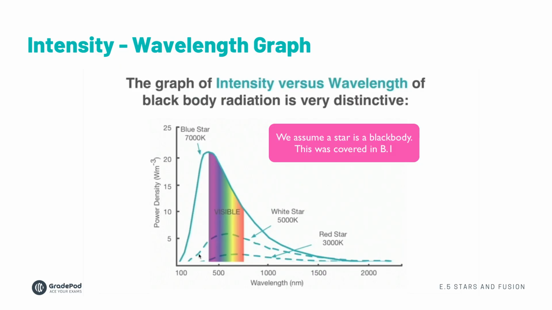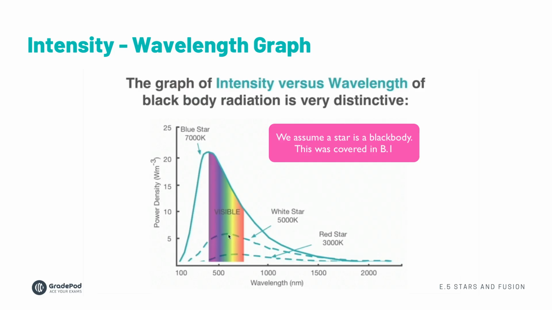So the star emits a range of radiations over a range of wavelengths. But it emits some more than others. So our star would emit more visible light than it would ultraviolet or infrared. And the peak wavelength of that radiation, the wavelength that is most emitted by the star, can be found by looking at this curve.